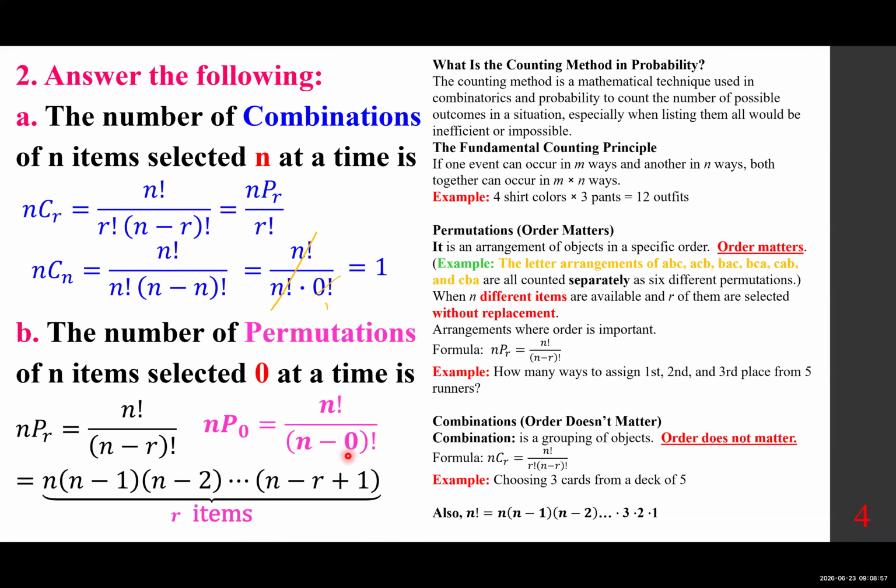This is n minus 0, simply n factorial, and they cancel each other. We get 1. So the number of combinations of n choosing n is 1. The number of permutations from n choosing 0 is also 1.